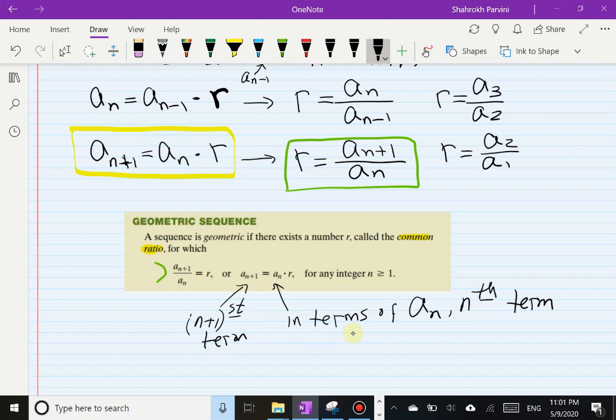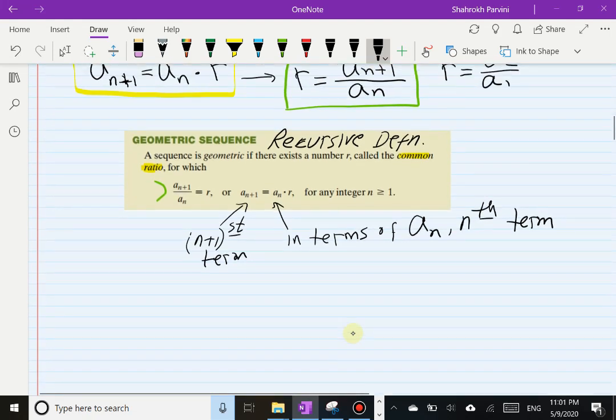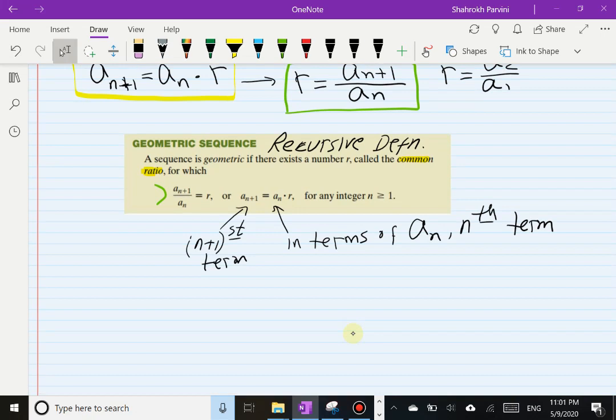So for this geometric sequence, the book gives you what we call a recursive definition of what a geometric sequence is. Now, let's actually take a look at another form. The form we are interested in is actually another form.